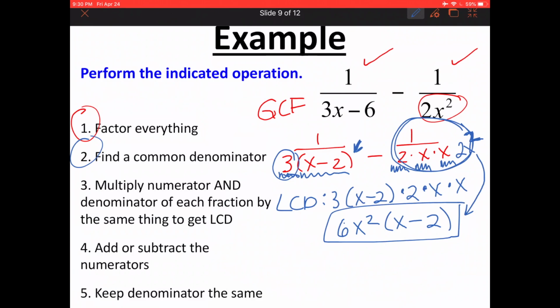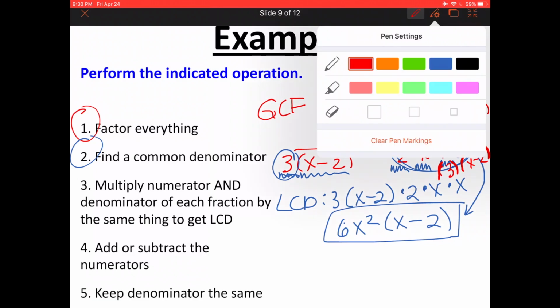I am missing a lot, okay? So I have to multiply this by 3 times x minus 2. And if I multiply the denominator, that means I have to multiply the numerator times 3 times x minus 2.